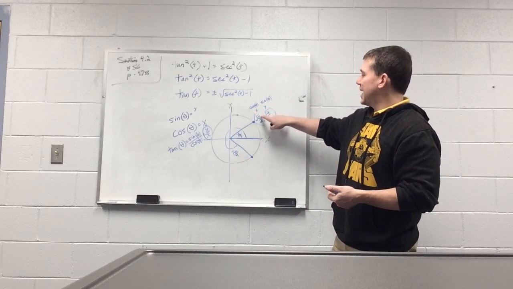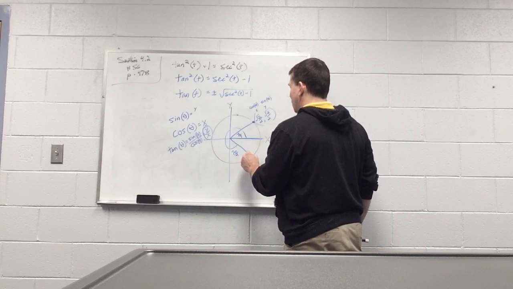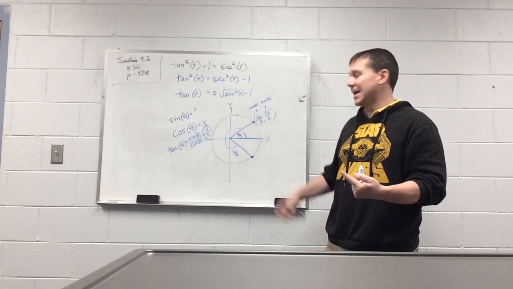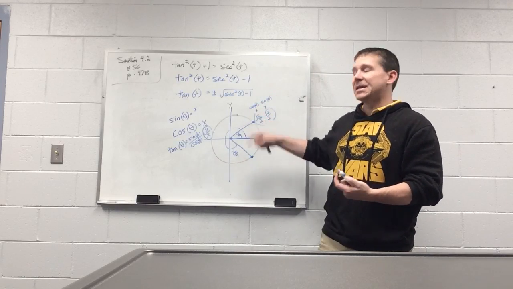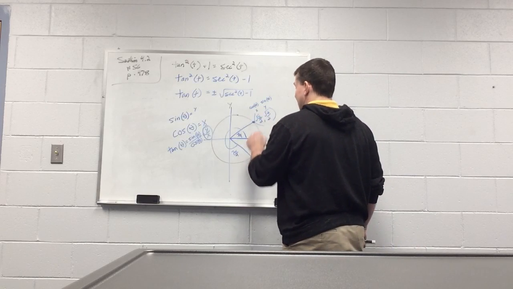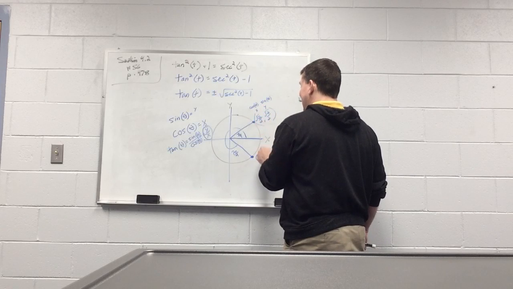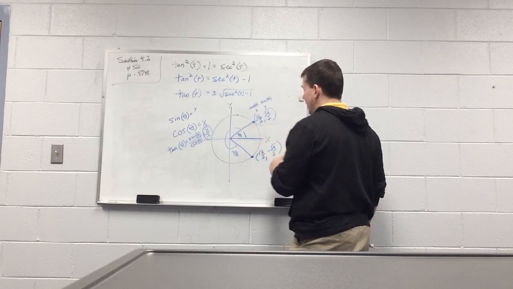Logically, if the cosine is the x value and the sine is the y value, I just need to find the x and y value of this point, and then I get sine and cosine of the angle 7 pi over 4. But since this is a circle, it's symmetric, it has to have the same x value, root 2 over 2. The y value is below the axis now, so it's negative root 2 over 2.